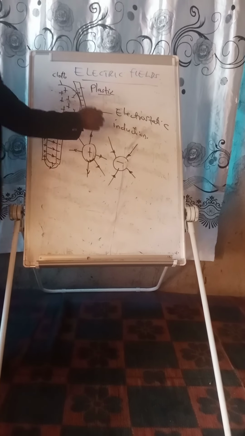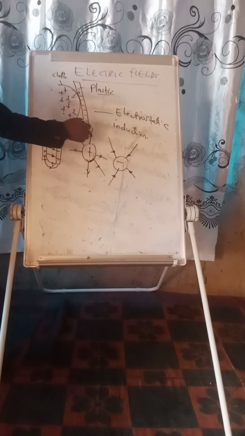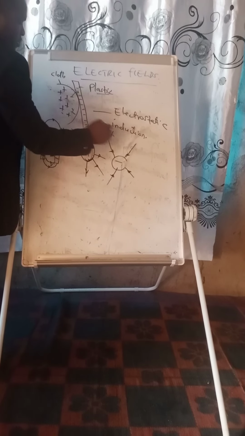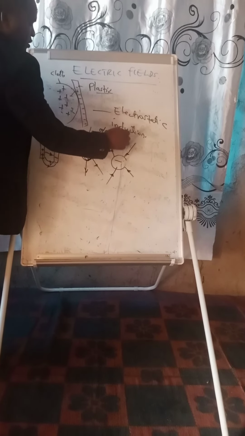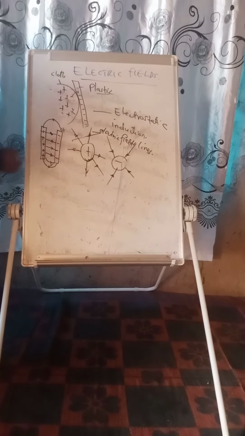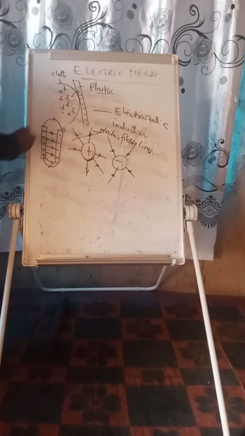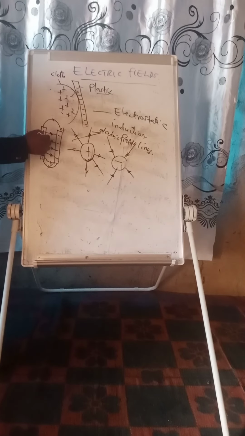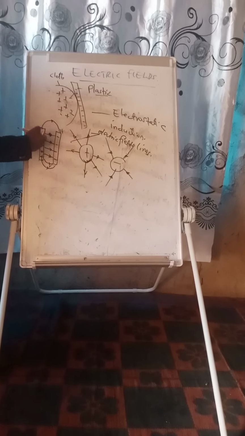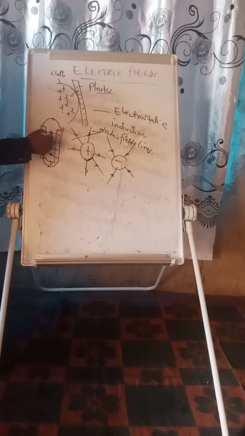These are known as electric field lines. Because these are electric field lines, they show the direction of force.